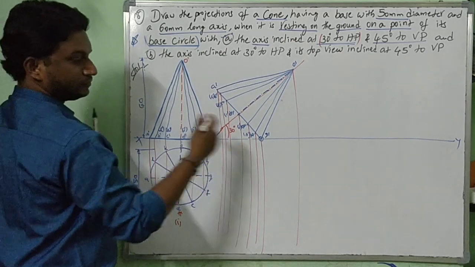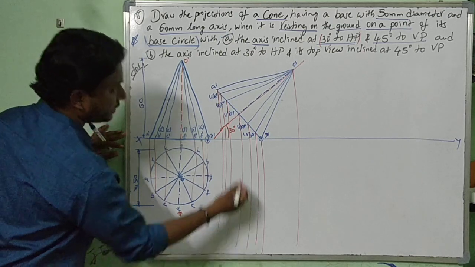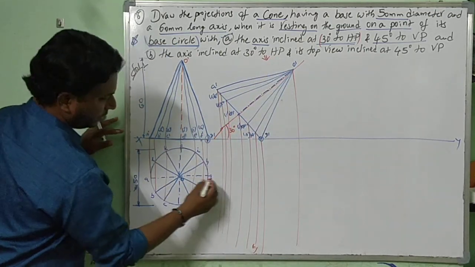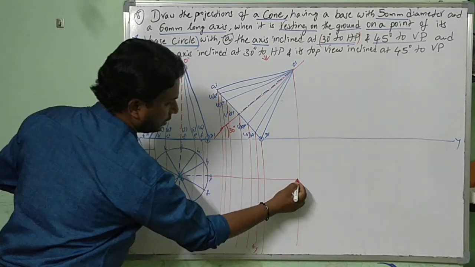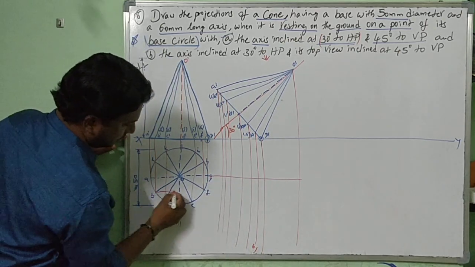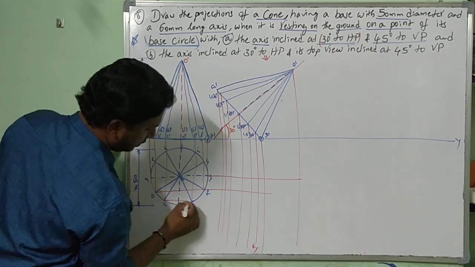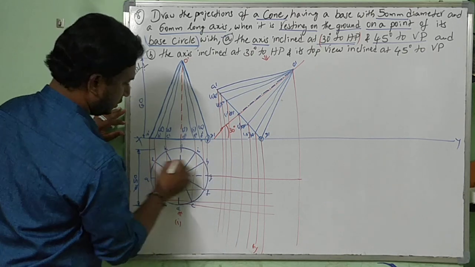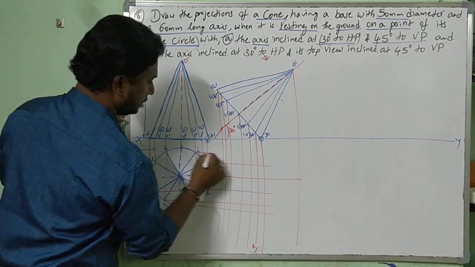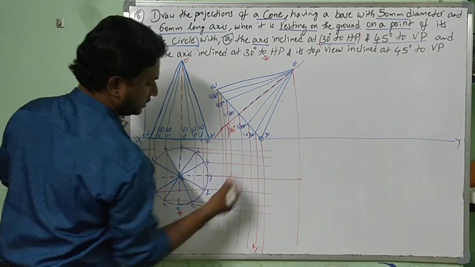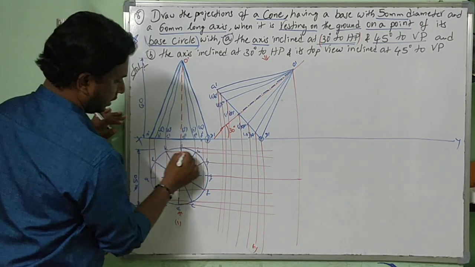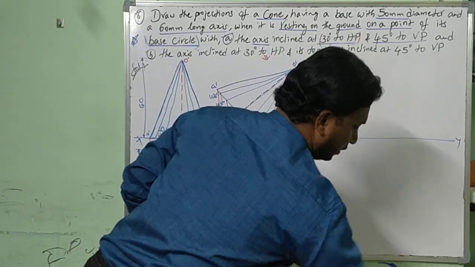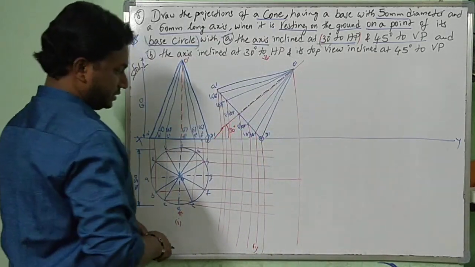Now from here, I am drawing the second stage. Top view is from here. This is second stage. Now from here A, B, C, D, E, F, G, H, I, J. I connects to K, H connects to L. Pick the intersection points.